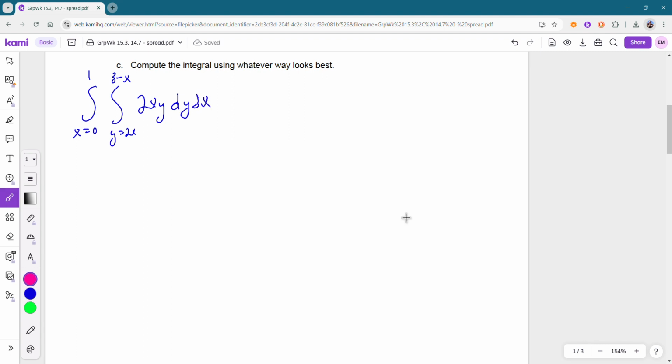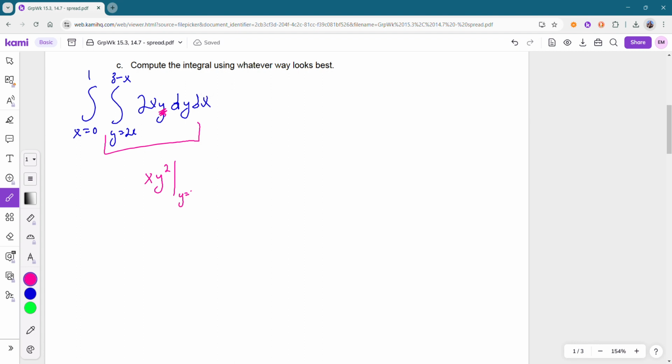So with our inside integral, y is our variable, x is a constant. And so with our variable y, the 2x is a constant. And so we're just going to get y squared over 2. And so this will become just x times y squared as our antiderivative.